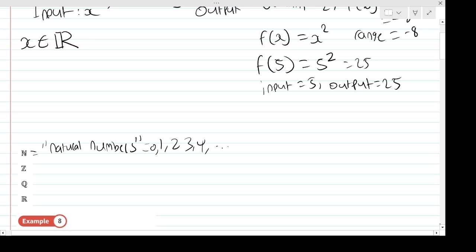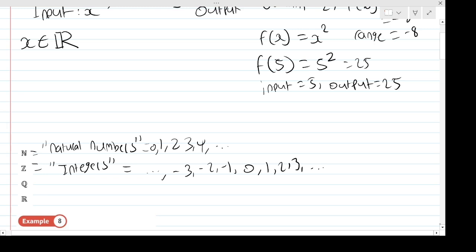And then we can actually generalize a little bit more, and it's Z, which is integers, right? This Z means the integers or the list of integers. And so these are whole numbers, but they can be negative as well. So that can go from, well, negative infinity in a way, but we can go to say like -3, -2, -1, 0, 1, 2, 3, and so on.